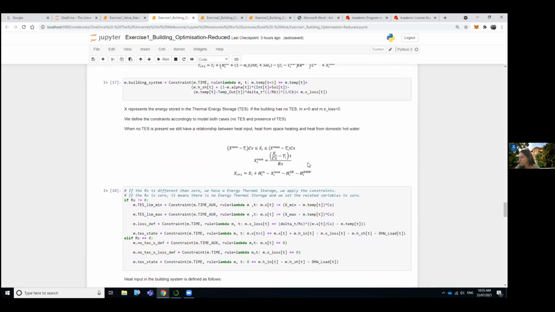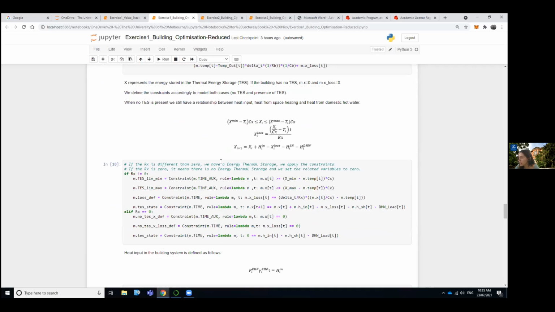These next equations model the thermal energy storage, where X is the energy stored. And in this last equation, when we don't have thermal energy storage, we just have heat input, the space heating that goes to space heating delivered, and the domestic hot water.